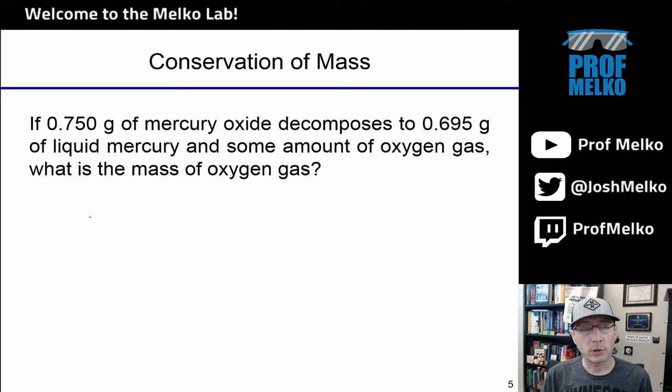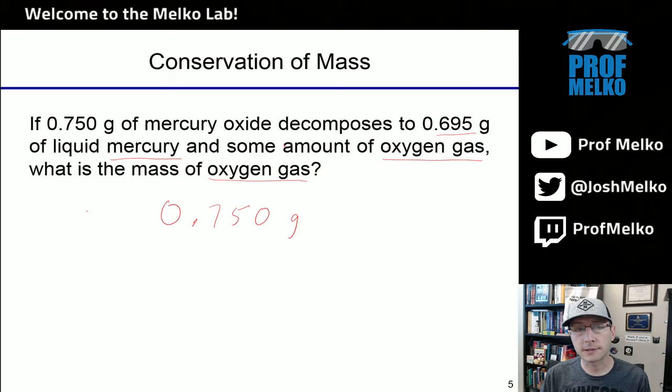So if we have 0.750 grams of mercury oxide, and it's decomposing, falling apart to make mercury and oxygen. We know the starting amount of mercury oxide, 0.750 grams, and it's going to form 0.695 grams of liquid mercury. What is the mass of oxygen gas that it is also forming?